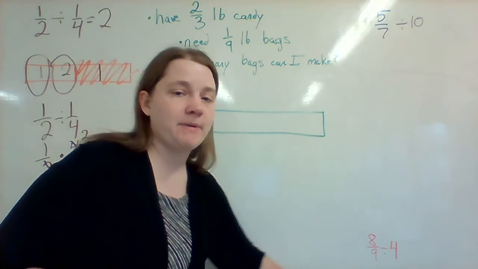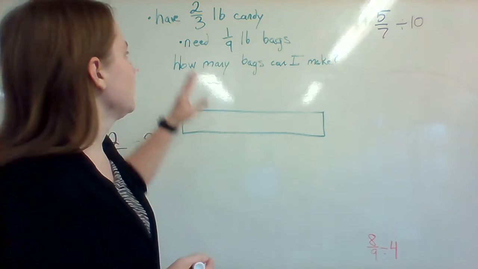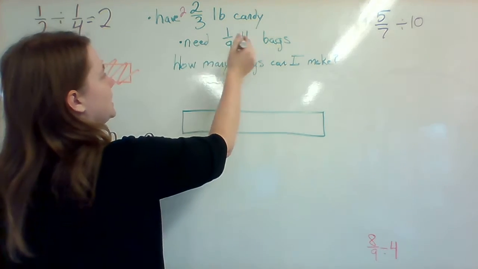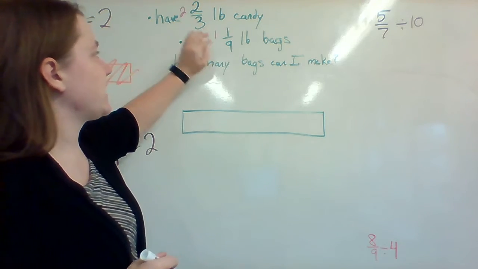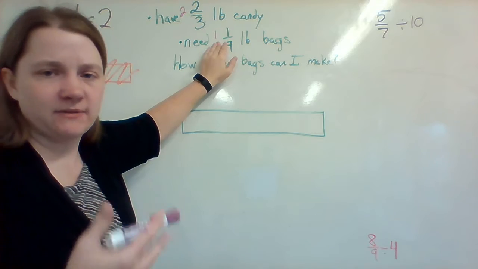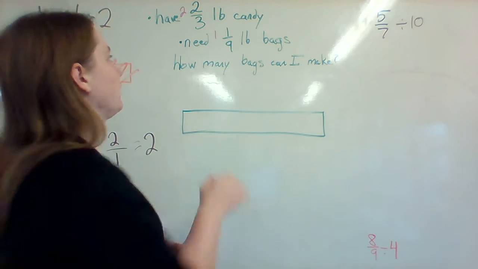So when you think about this to figure out what to do, put in whole numbers. Let's say we have a 2-pound bag of candy and we need 1-pound bags. We would divide. 2 divided by 1 is 2, so we'd get 2 bags out of that.